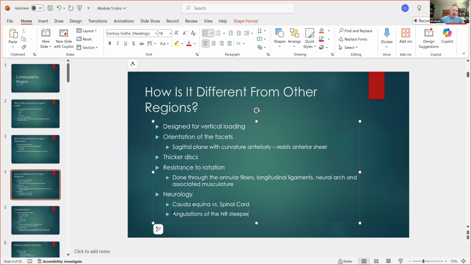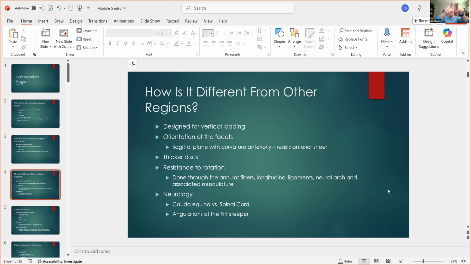So the other thing that we have to take into consideration here is the angulations of the nerve roots. Okay, so in the cervical spine, the nerve roots come out like this. They come out horizontally, right? So it's really abnormal to have more than one level of the cervical spine be affected by something like a disc protrusion, right?